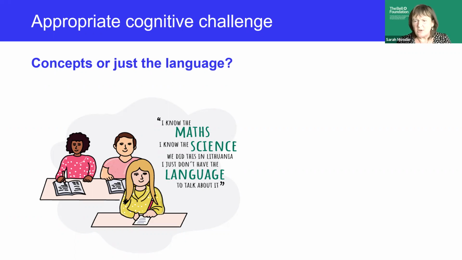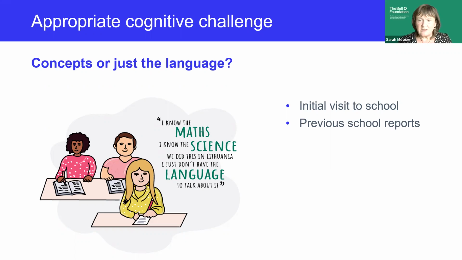But assessing the prior knowledge of learners who are new to English can be difficult. Sometimes it's possible to have these discussions about prior experience during the initial visit to the school, especially if there's an interpreter. Sometimes previous school reports are available. And staff who speak the same language, if you have them available, or otherwise professional interpreters can be very helpful here too.